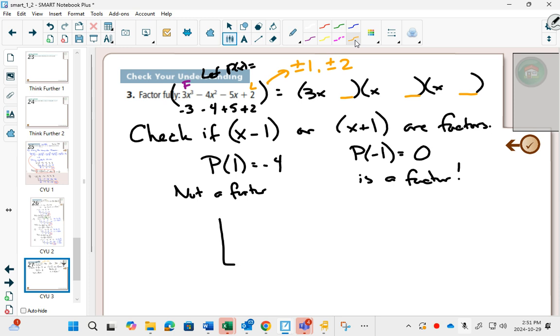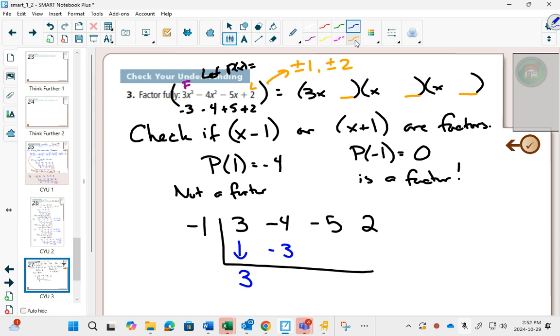If I add those all together, I'm going to get 0. So because I get 0, I've set up my synthetic division. This is in the right order. There's nothing missing, so I don't have to add any zeros. And I'm going to divide by x plus 1, so I put a minus 1 out in front. Bring down the 3.